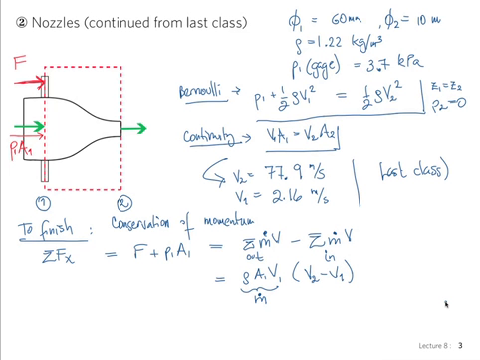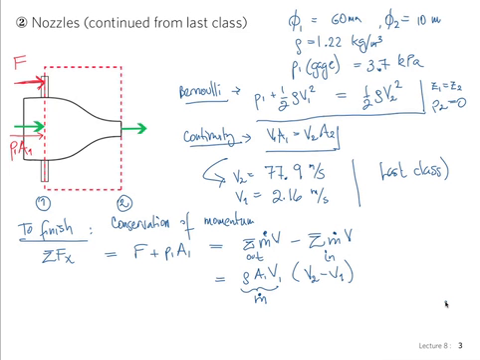Now basically I can put everything in, all numeric values are available to me now to calculate F. If I take this term to the other side, F is going to be equal to, and let me take these terms first.